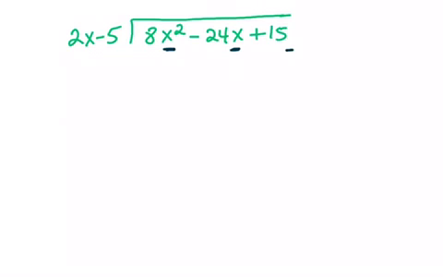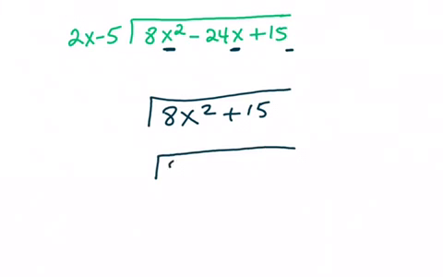If I'd said 8x squared plus 15, then you would have had to rewrite it like this, guys. You would have had to say 8x squared plus 0x plus 15. This is basically a placeholder. You would have had to put that 0x in there.